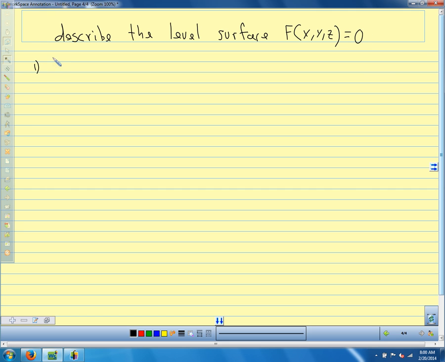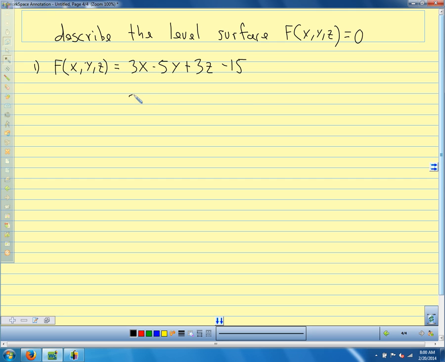For the first one, f of xyz equals 3x minus 5y plus 3z minus 15. So what would that surface be?